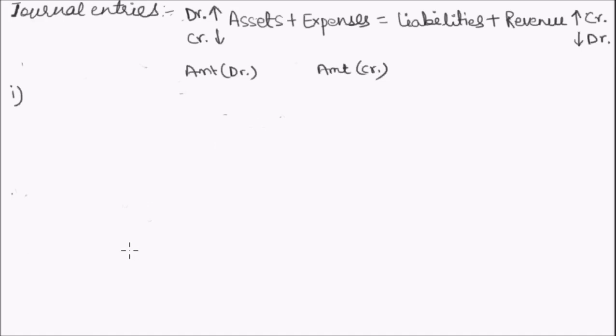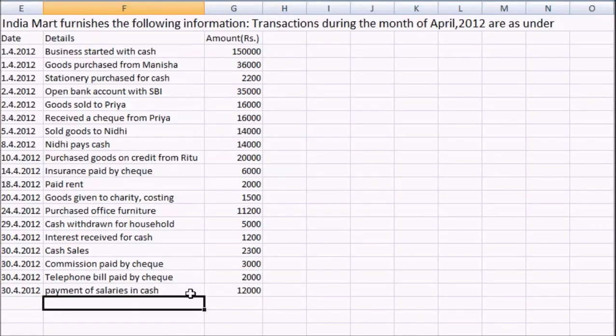Now let us start with the first transaction. Before starting, let us understand how to analyze each and every transaction during the passing of journal entry. Whenever there is a transaction, there must be at least two accounts involved.